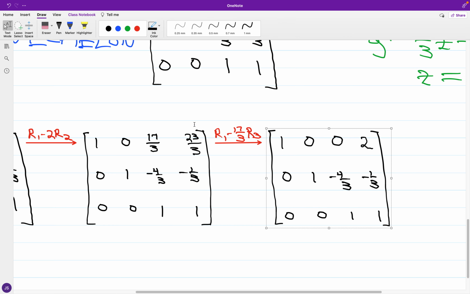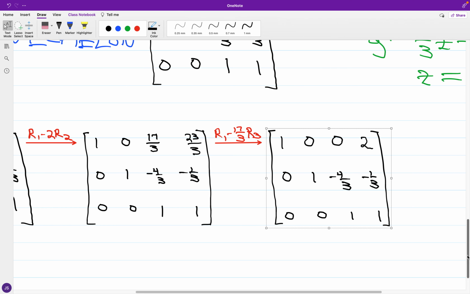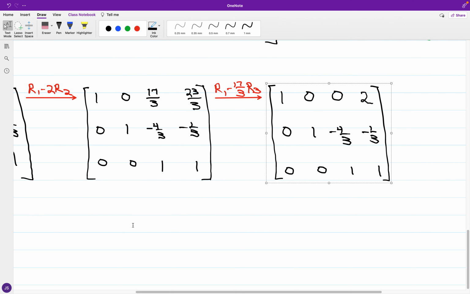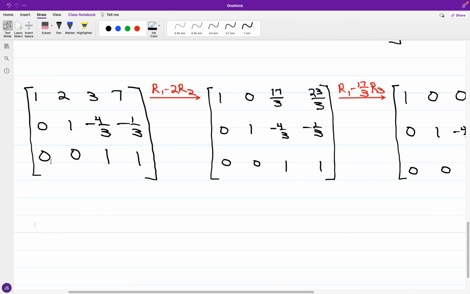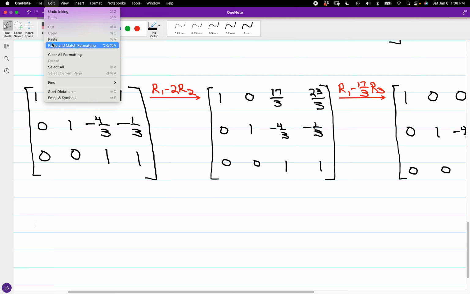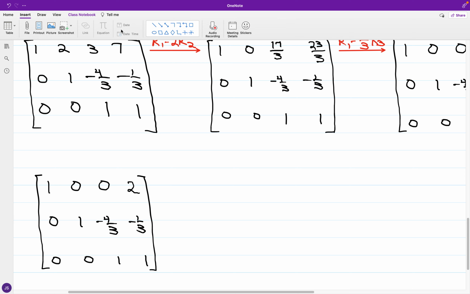As we get closer to the final dismount, the only remnant left is the second row. So going back, now I have 1, 0, 0, 0, 1, 0, and the negative 4 thirds needs to be converted to 0.